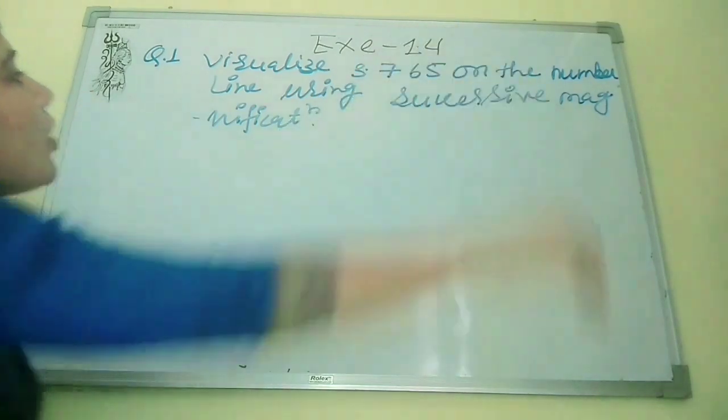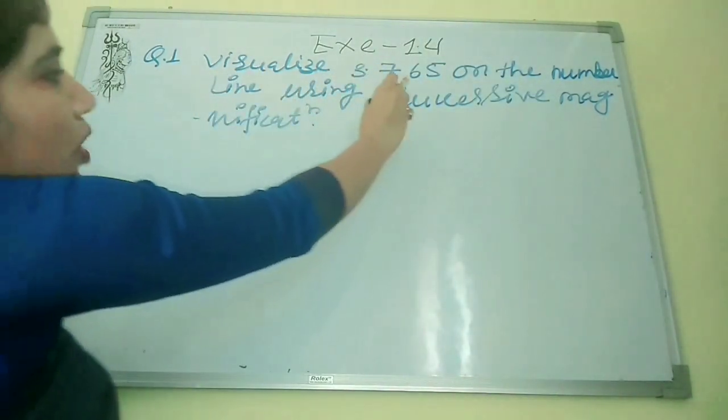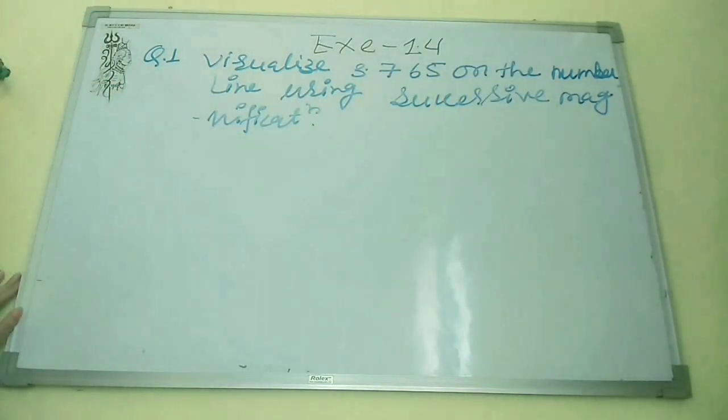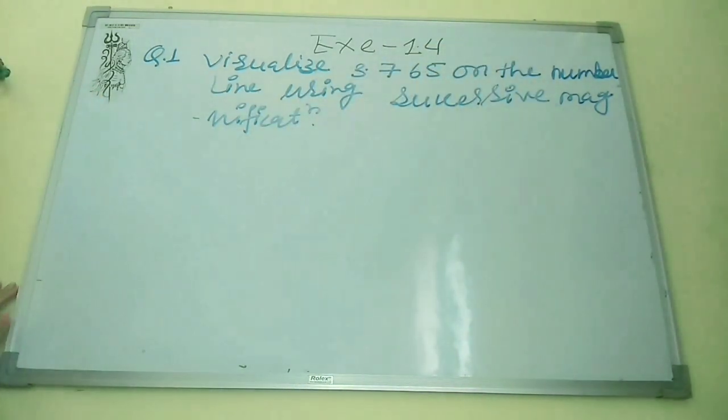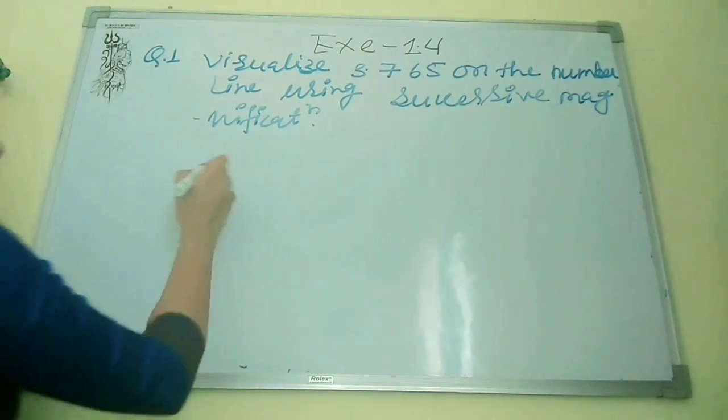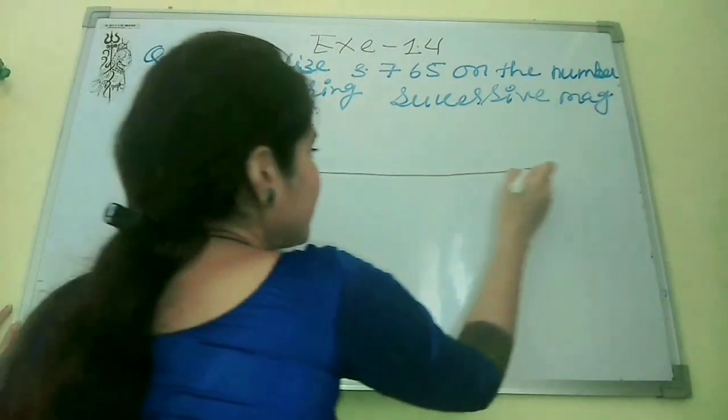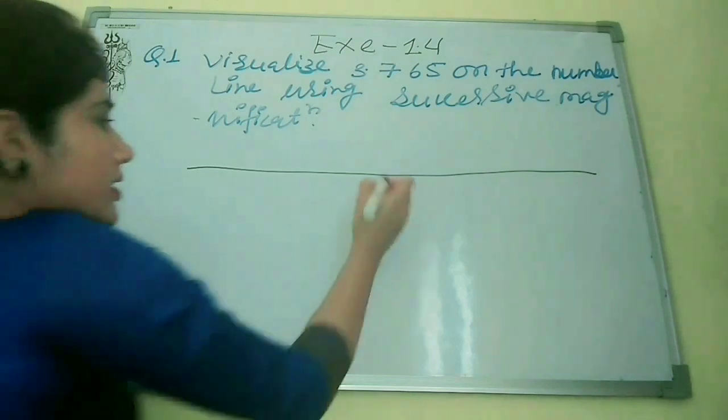Now exercise 1.4: visualize 3.765 on the number line using successive magnification. Okay, so for that we just draw a number line and divide it in equal parts.